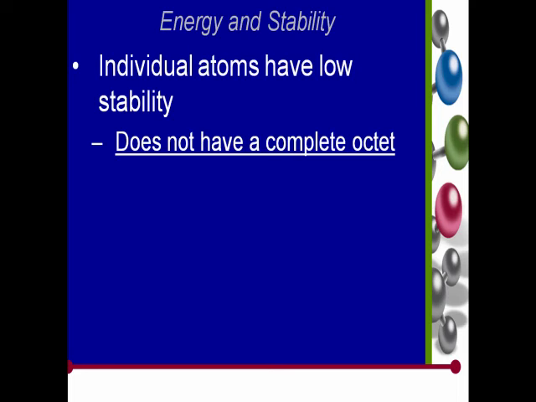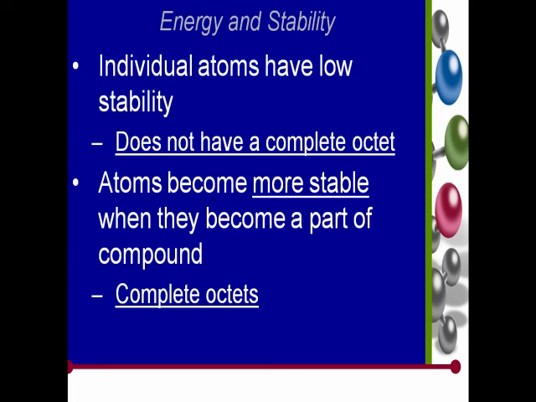If hydrogen can obtain one more valence electron, it would become a noble gas configuration as helium. So hydrogen typically bonds with other hydrogen atoms to achieve that complete octet. When they have complete octets, they then become more stable.